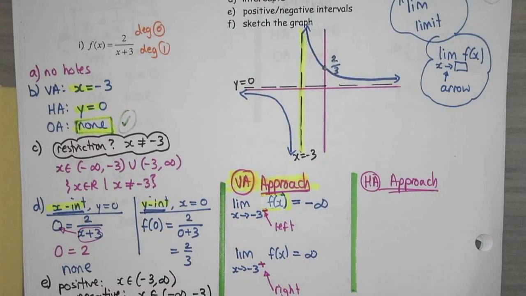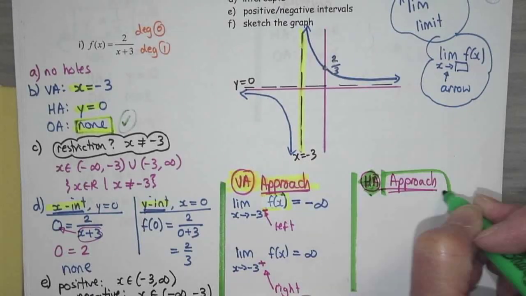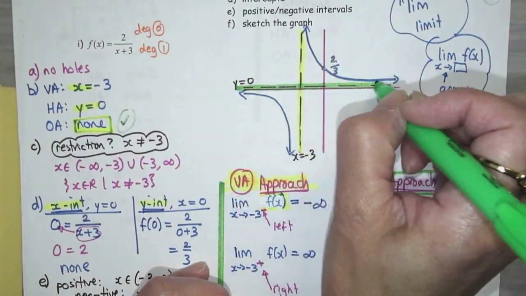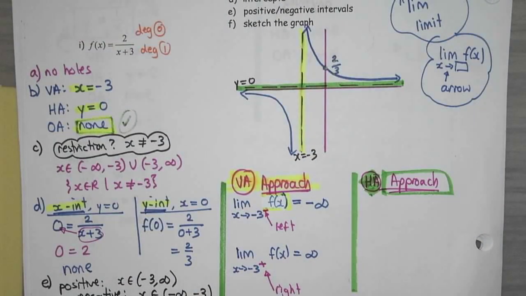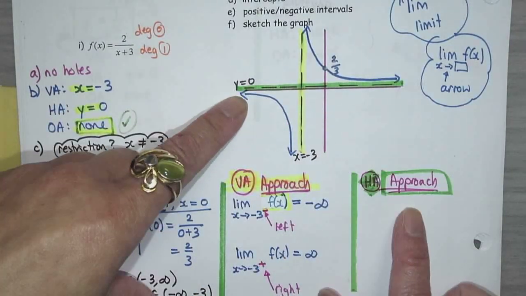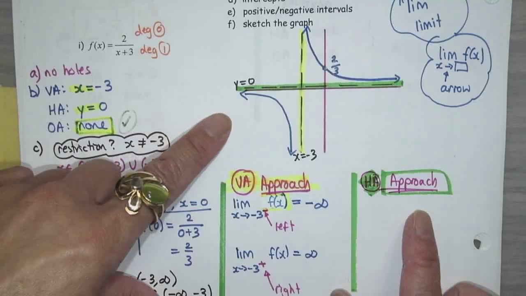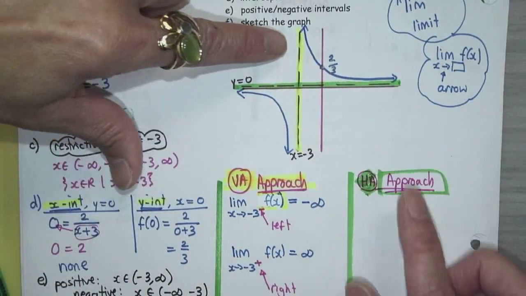So 2 approaches always. Here we'll draw this one green. So I want to talk about how you're approaching this horizontal asymptote, the one here I just did in highlighter green, and you're talking about whether it's approaching.